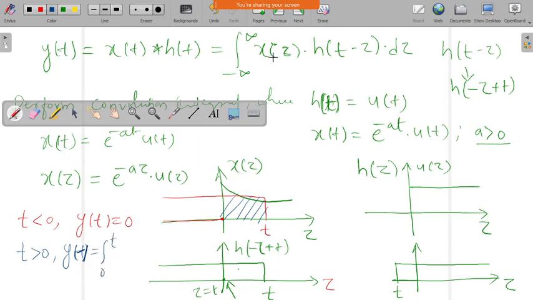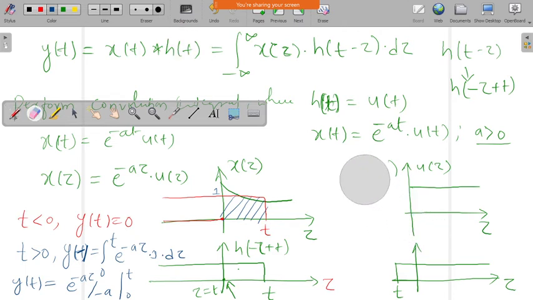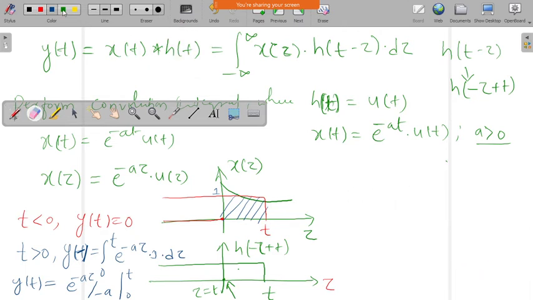Now x of tau is known, that is e power minus a tau. Now h of t minus tau, the amplitude value is 1, so that is 1 into d tau. If I perform this integration, we are going to get e power minus a tau by minus a, with limits from 0 to t. Now the resultant will give the solution for t greater than 0.